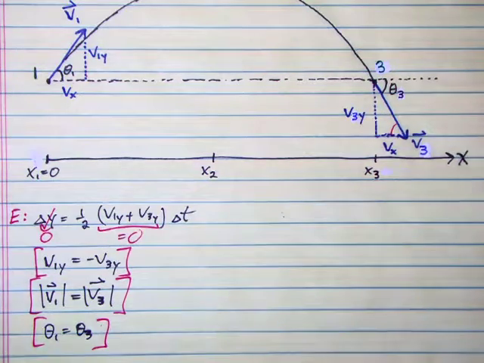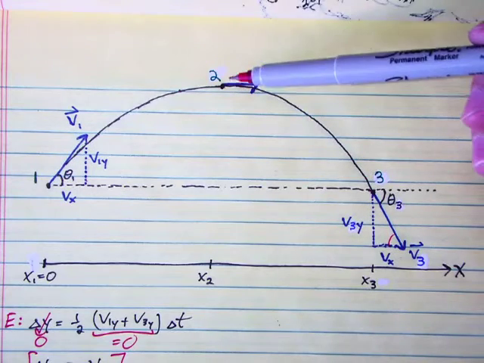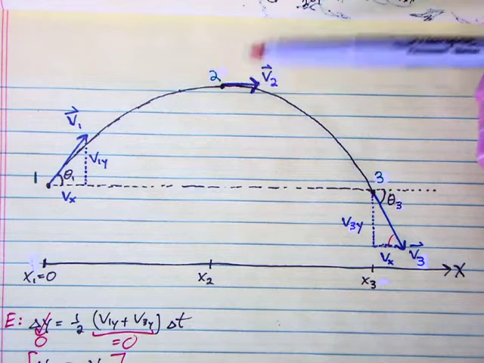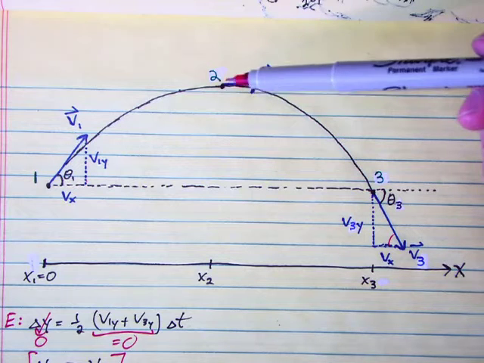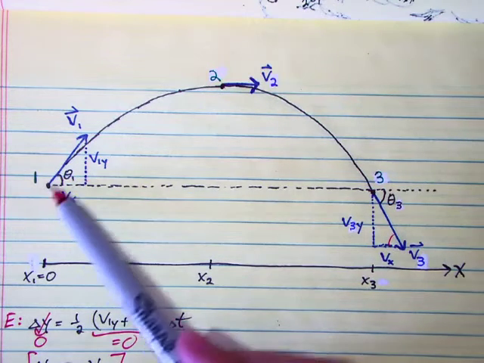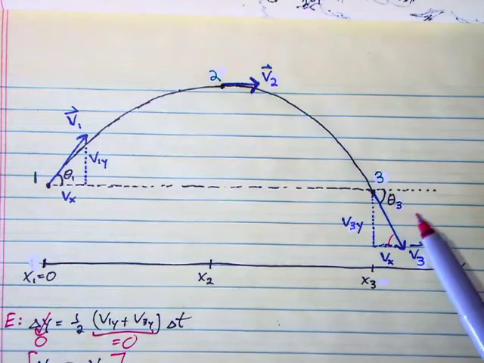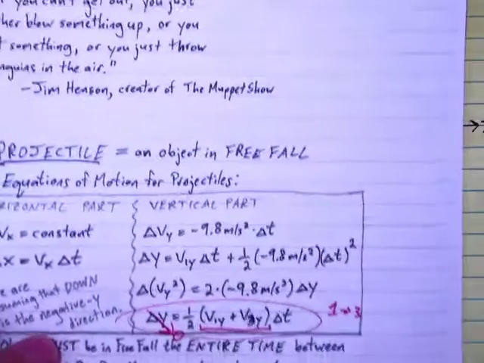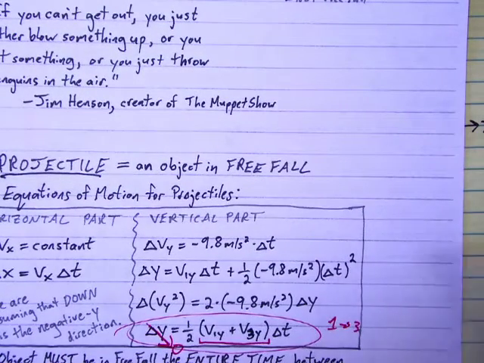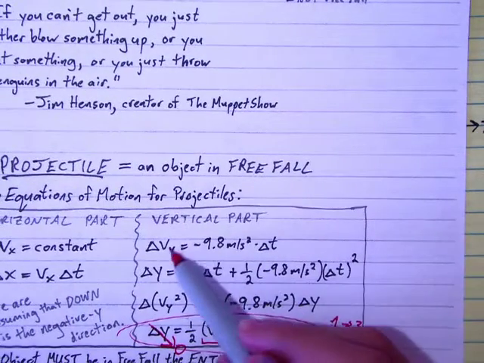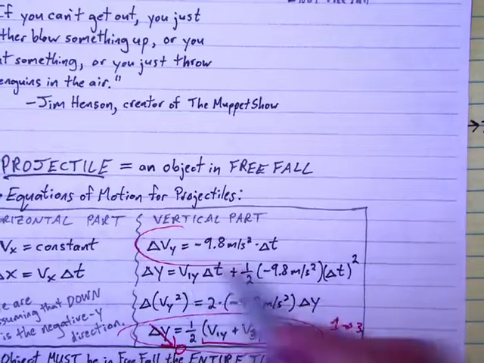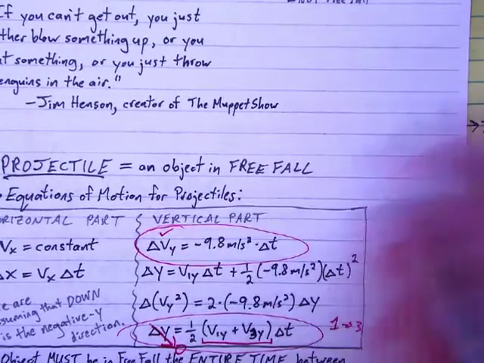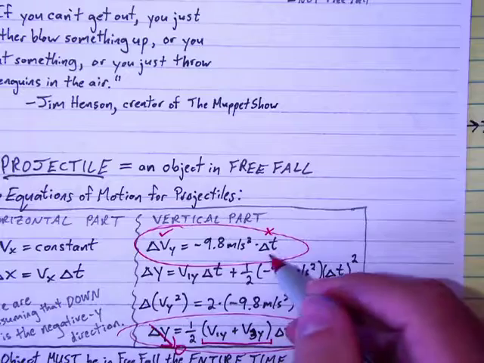Okay, how about the midpoint here? To figure out some information about the midpoint, let's first look at the total travel time along this path. Back to our equations. Now that we know about the initial and final y components of the velocities, we can use this equation here, since we know that, to get the change in time.